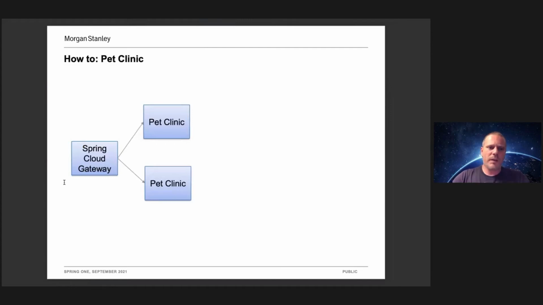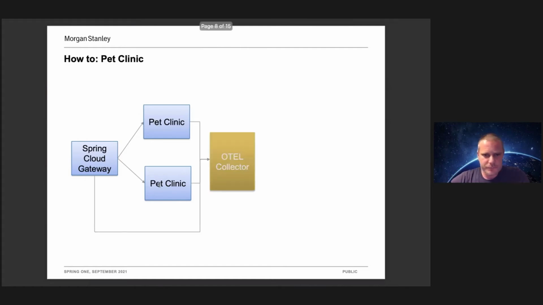Just to have some more meat in the example, I added Spring Cloud Gateway in front of two Pet Clinic instances. And whenever the user interacts with the system, the Cloud Gateway is going to be routing the call to either of these two Pet Clinic instances. All of the services, the Spring Cloud Gateway and the two Pet Clinic instances, are instrumented using Spring Sleuth OpenTelemetry Bridge, and they are sending observability, well, namely tracing information to the OpenTelemetry collector.